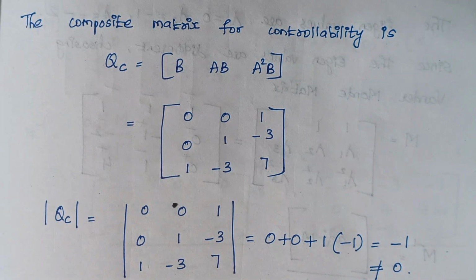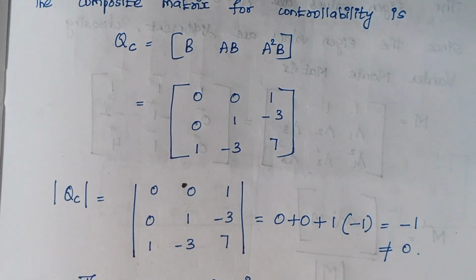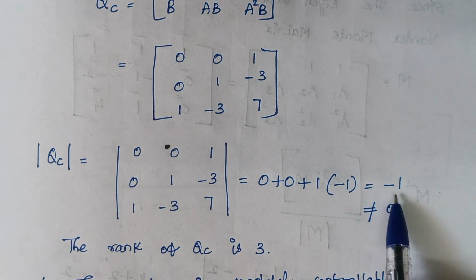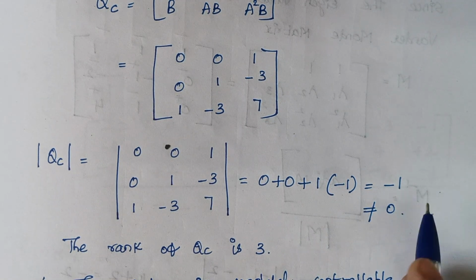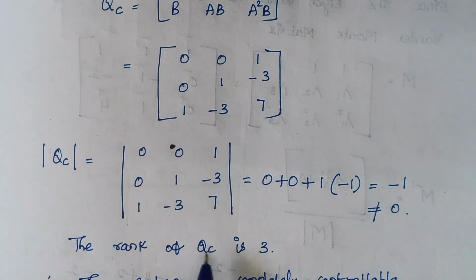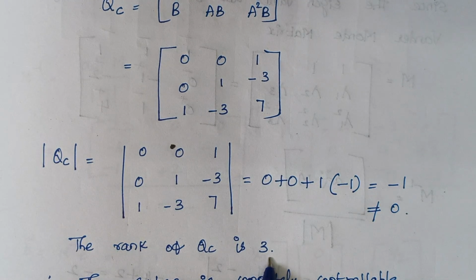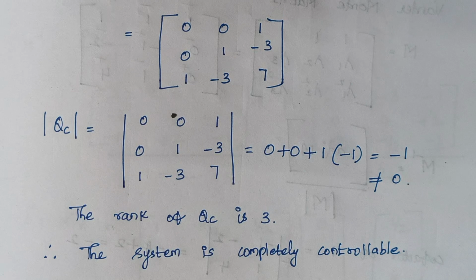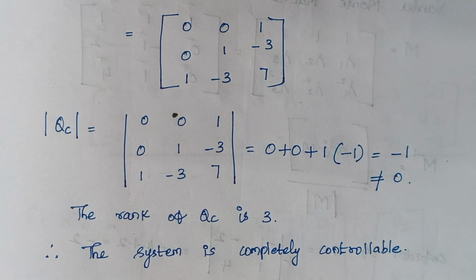Next, we have to calculate the determinant of QC. The determinant value is equal to minus 1. Anyway, it is not equal to 0, so the rank of matrix QC is equal to 3. Therefore, the system is said to be completely controllable.